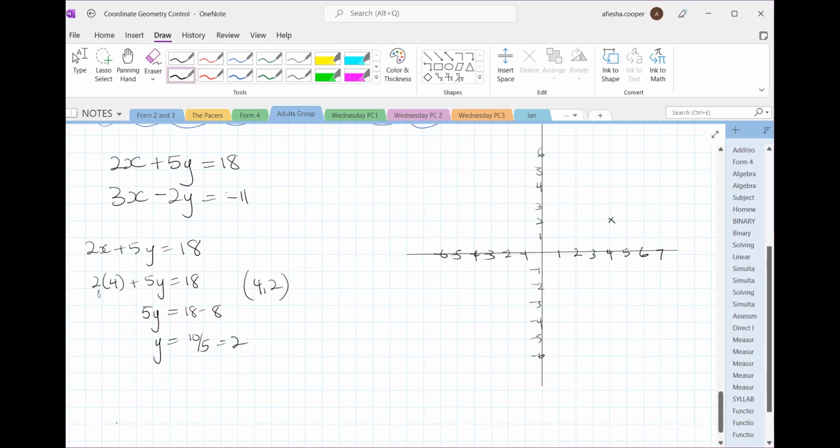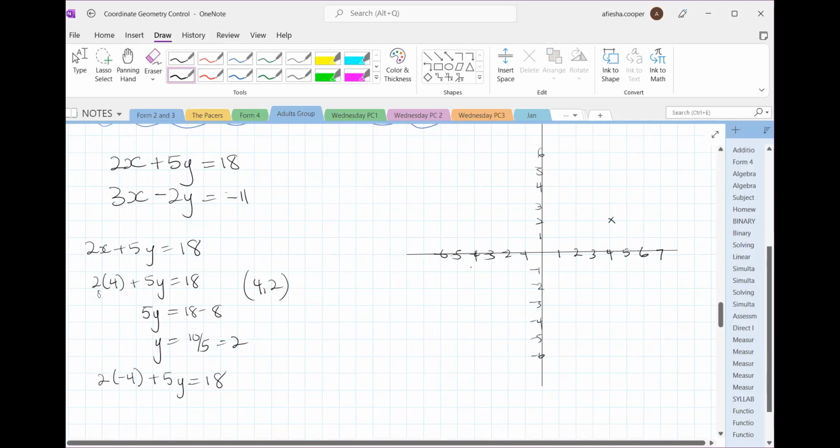So what are we going to choose now? We chose 4. Now let's try -4. So 2 by -4 add 5y. Our trick we're using is to take a positive and a negative number, so we'll have it on the 2 sides. So we'll end up with 5y is equal to 18.